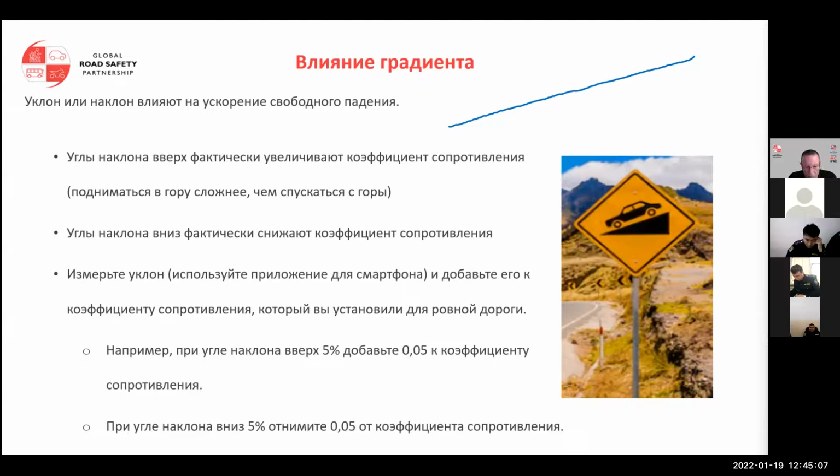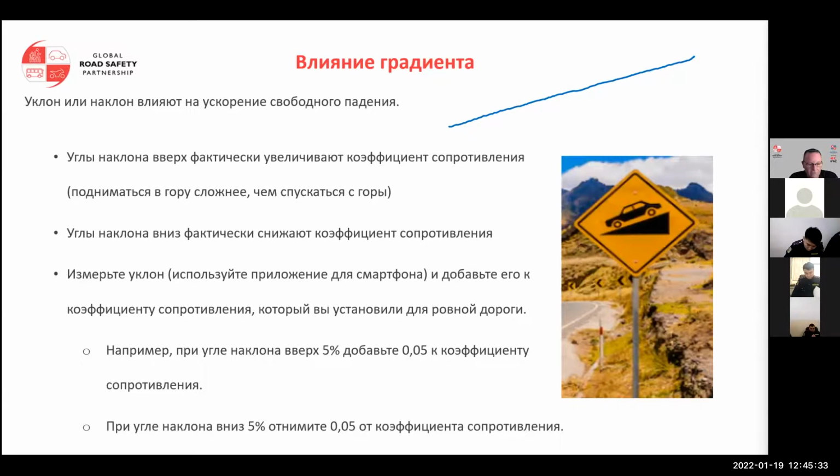Easiest way, and the way I've done it before, is download a spirit level app for your smartphone from the Google Store or Apple Store. There's free apps that turn your phone into a level. Once you've got that app, turn it on and place the phone on the road. So just lay your phone on the road surface and read what it says.